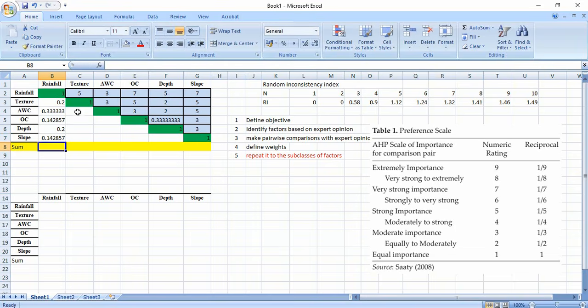So you have to fill all this in the same manner, like this. So I am filling it.